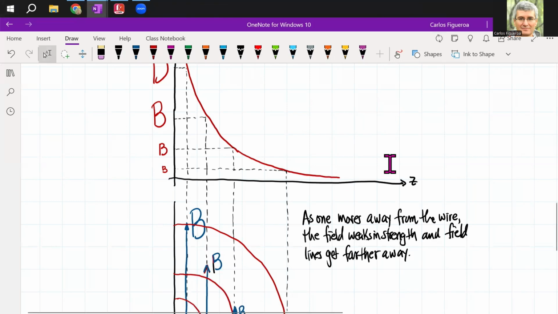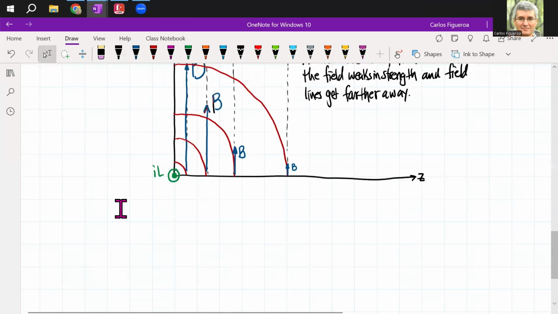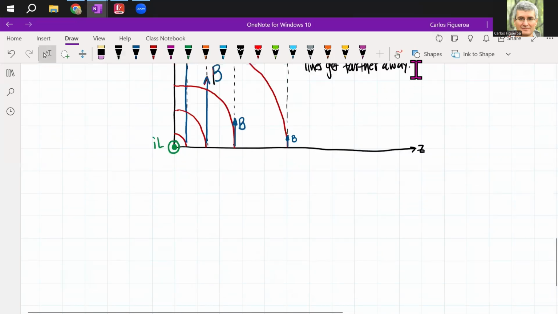So now let's go to the next thing. This is one of my favorite parts of analyzing this.